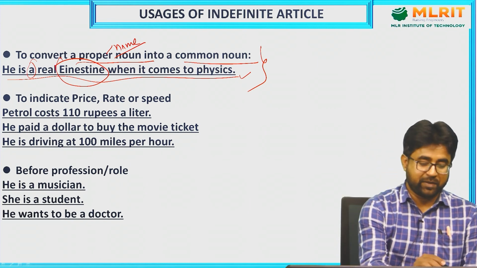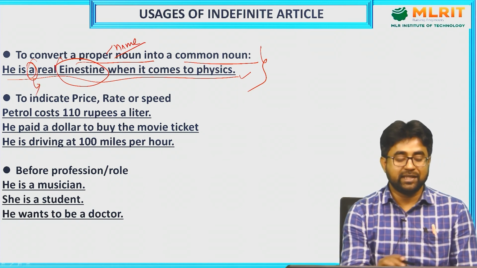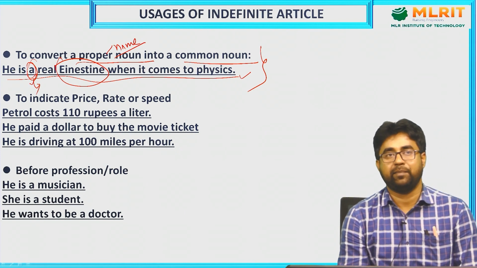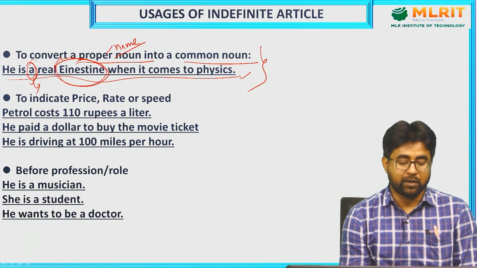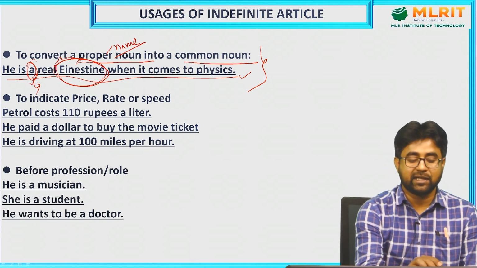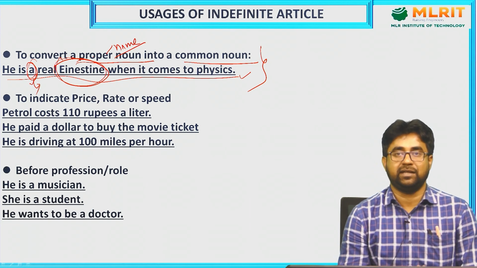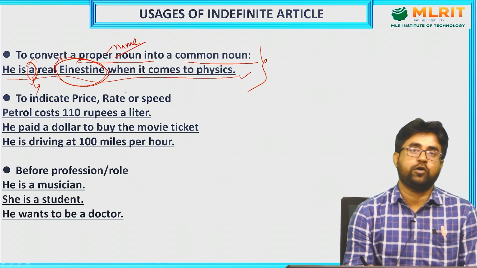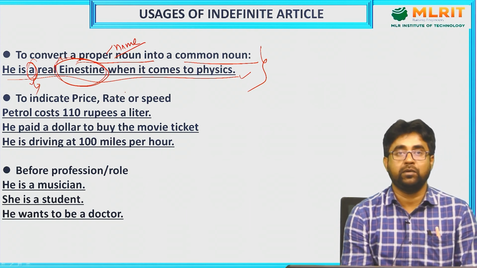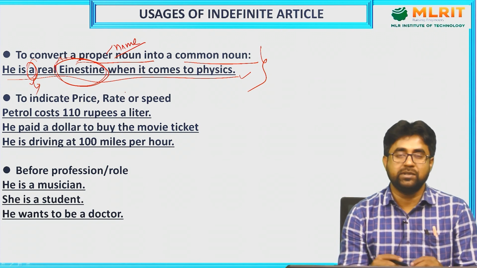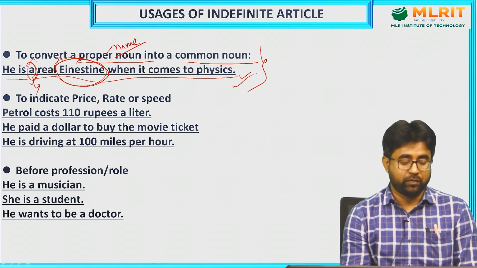But here we are using the indefinite article A. The moment I use this indefinite article here, this proper noun gets converted into a common noun. When I say he is a real Einstein, I am trying to say that he is very intelligent. So Einstein has become a common noun that includes any person who is intelligent. This is one interesting usage of the indefinite article.